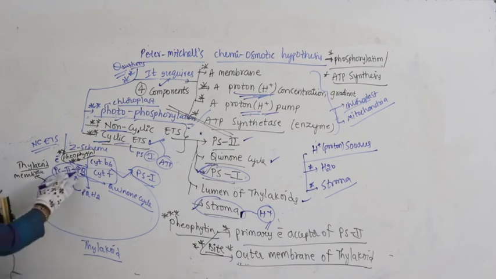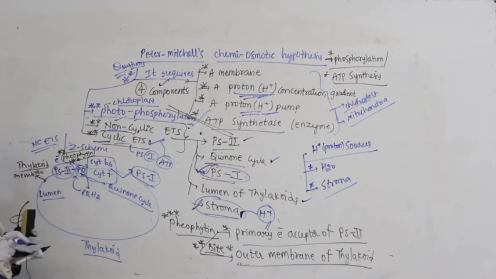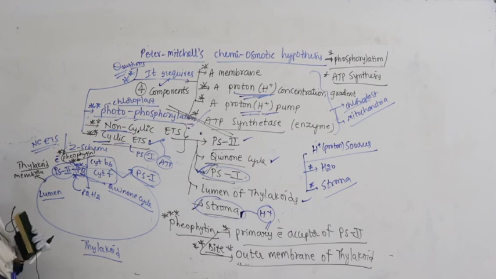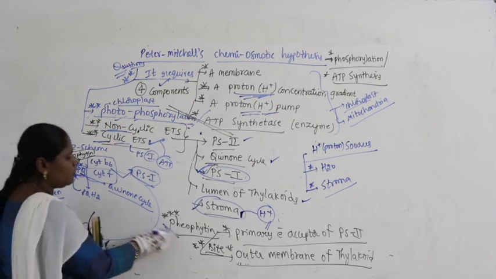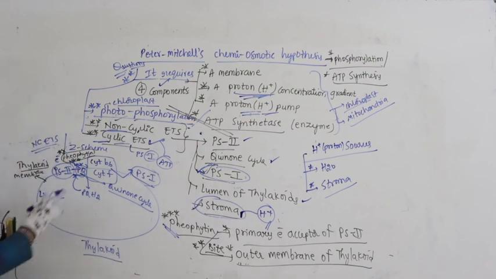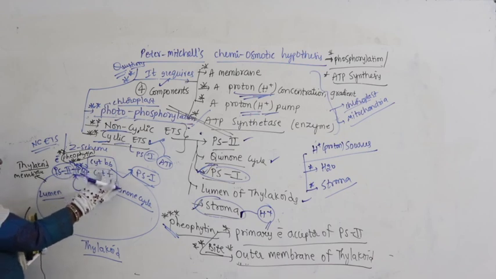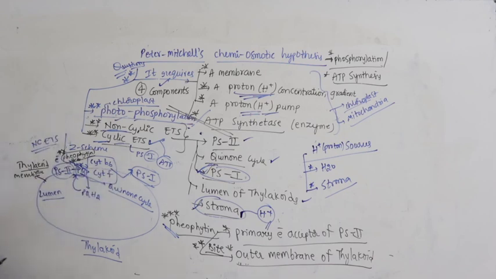Plastoquinone is located on the thylakoid membrane. Try to remember, plastoquinone is located on the thylakoid membrane, while pheophytin is located outside it. In the quinone cycle, the electron comes to the cytochrome b6f complex, then plastocyanin, and goes on to PS1.